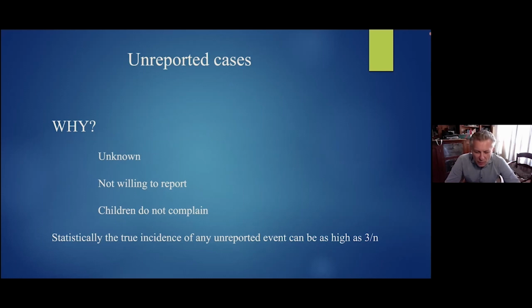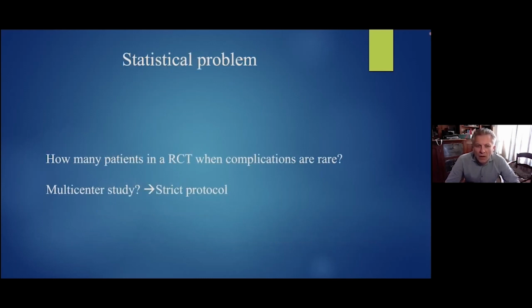If you look at it statistically, the true incidence of any unreported event can be as high as 3 over the number of blocks. So it is a statistical problem.